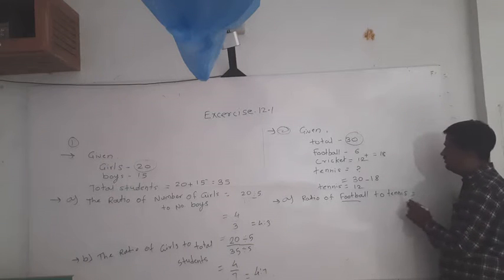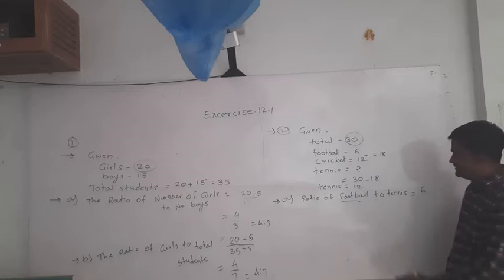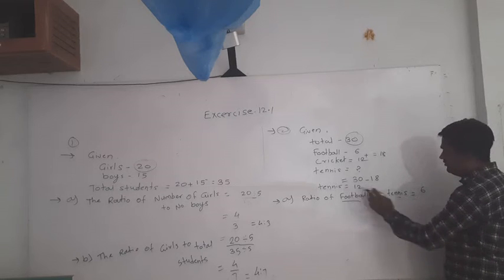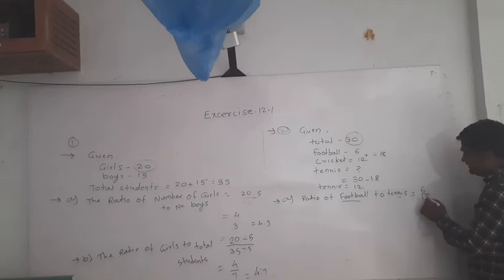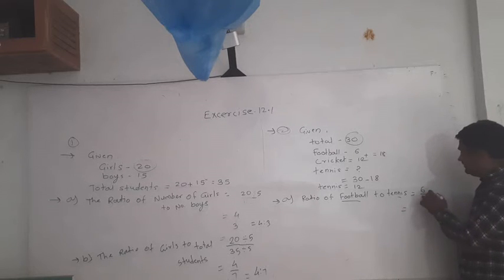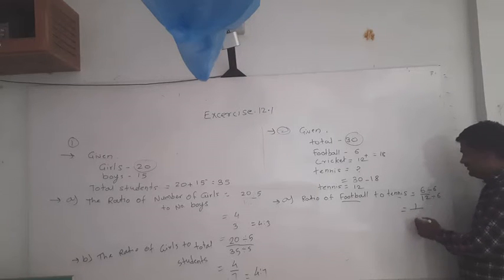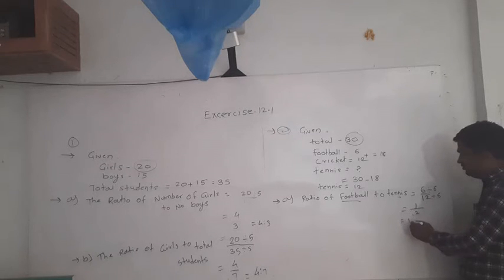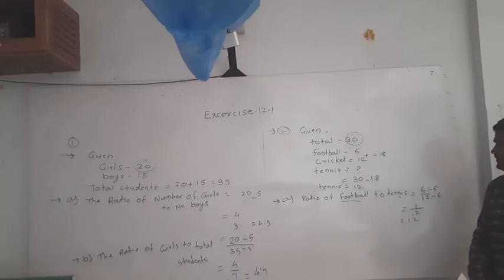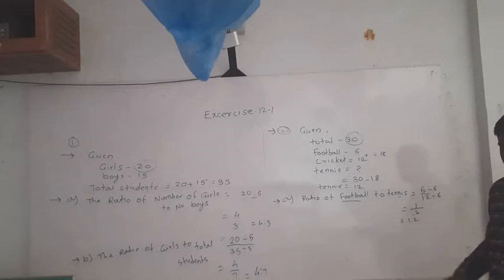Football. So football students, how many football students? 6. Second, tennis. How many tennis students? 12. 6 by 12. Now see here. In which table are both numbers? 6 table. 6 ones are 6. 6 twos are 12. What is the answer? 1:2. Yes, the ratio of football to tennis is 1:2.